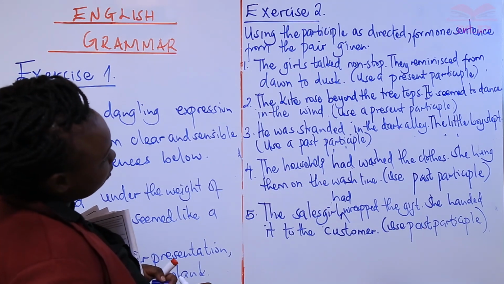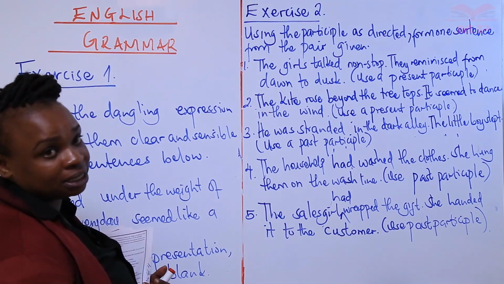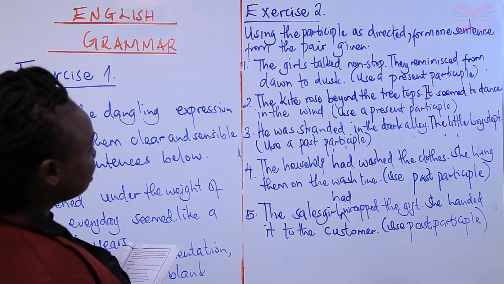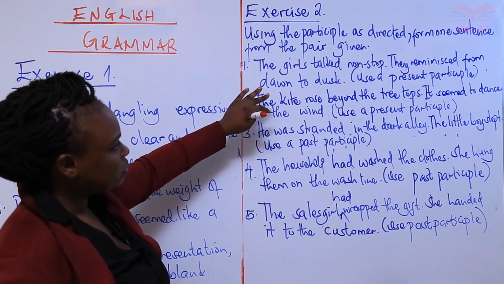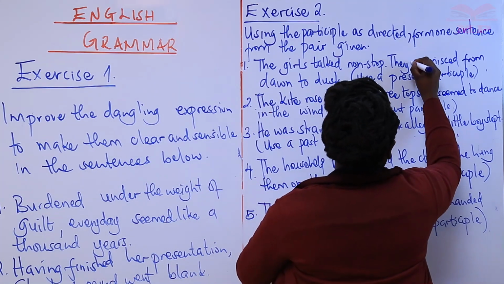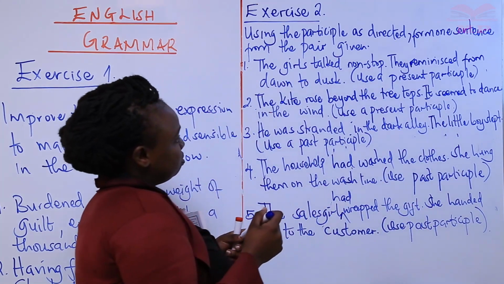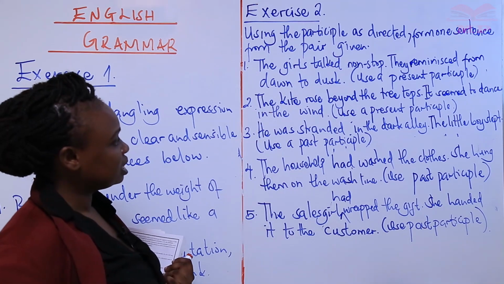Using the past participle as directed, form one sentence from the pair given. So question 1, the girls talked non-stop. They reminisced from dawn to dusk. Use a present participle now to combine the two sentences.